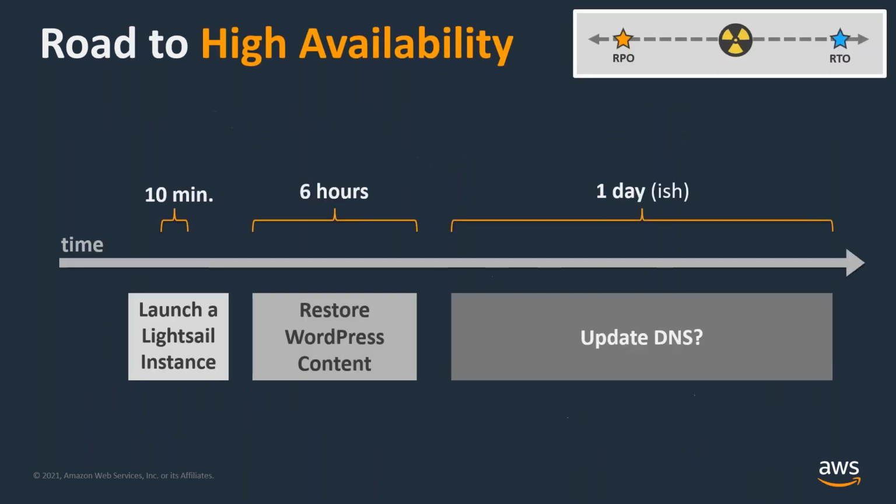So we want to work on that, and this seems like a really good place to start our quest for high availability, and that is sort of fixing this DNS propagation issue, and that's where I'm going to start. So assuming you're starting with a bare bones instance, let's look at how to actually fix that.